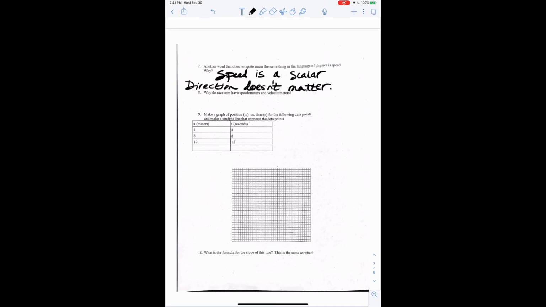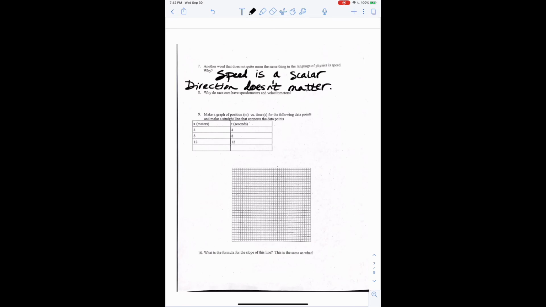Why do race cars have speedometers and velocipedometers? You know, this is a question that I feel like I know the answer to, and then I forget the answer to it. But I think it's so that they can look at how fast they're going. And somebody in my class knew this last time, and I wish I could remember the answer they gave. And they knew it right off the bat.